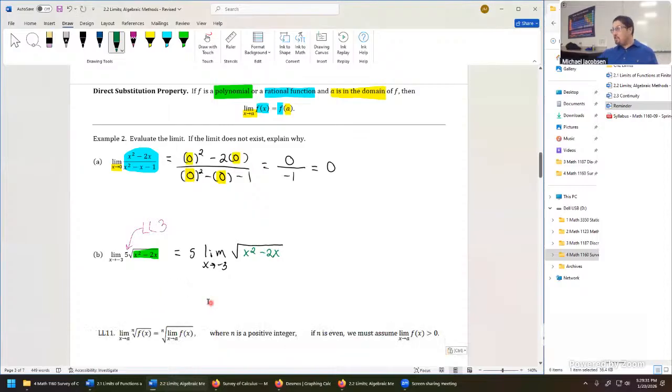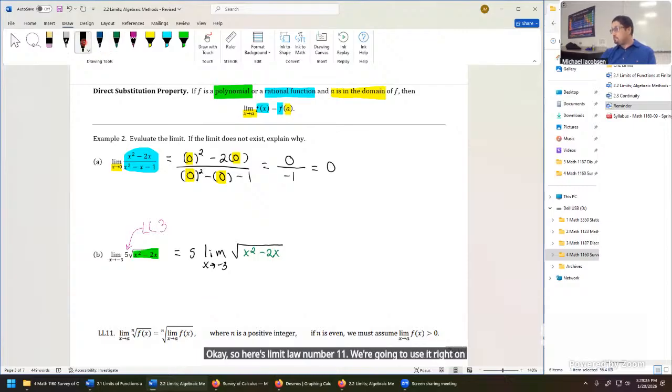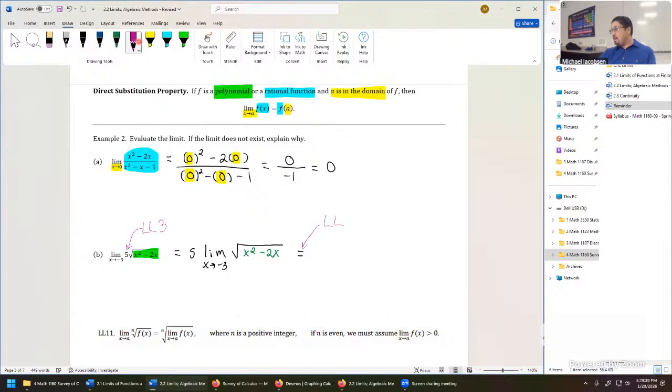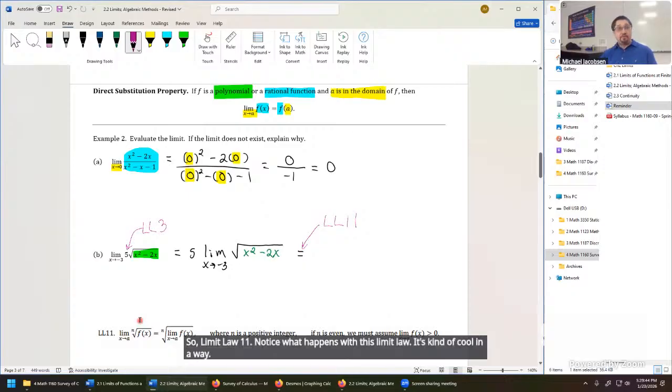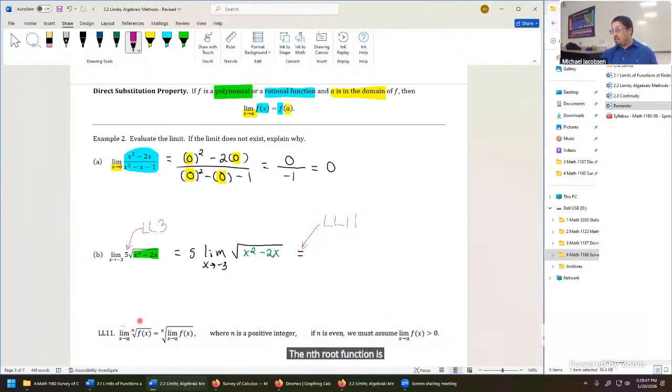Okay, so here's limit law number 11. We're going to use it right on this step. So limit law 11, notice what happens with this limit law. It's kind of cool in a way. The nth root function is a complicated one, but the limit operator goes inside of it. It passes right through the nth root of the function. You take the limit of the function on the inside.